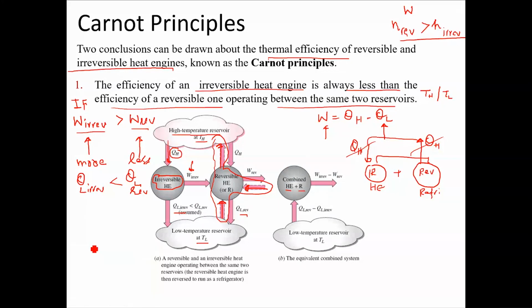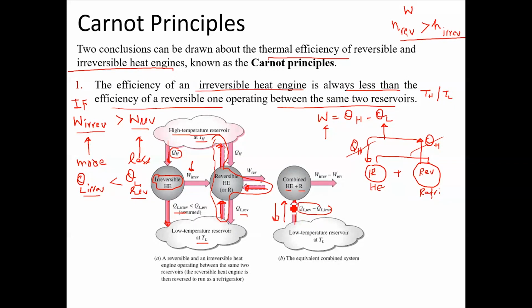The second thing: we said that QL irreversible is less than QL reversible. So the direction of heat in this case would be which way? Upwards or downwards? What will be the positive direction? If we combine the QL out of the irreversible heat engine and the heat being supplied to the reversible one, what will be the positive quantity?